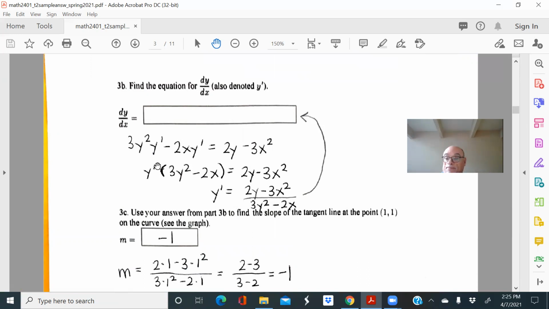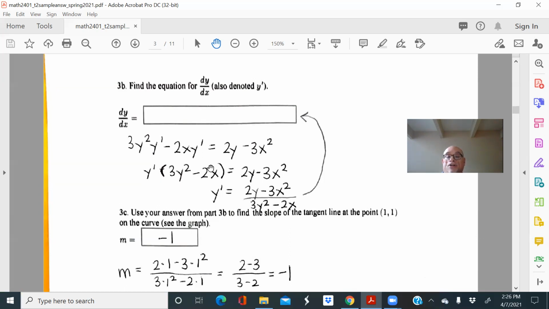Now I've got to finish solving this equation for y prime. Since all the terms on the left-hand side, by design, have a y prime in them, I'm going to factor that out of these two terms. That leaves me y prime times 3y squared minus 2x, right, equals the 2y minus 3x squared that we had originally on the right-hand side, okay?